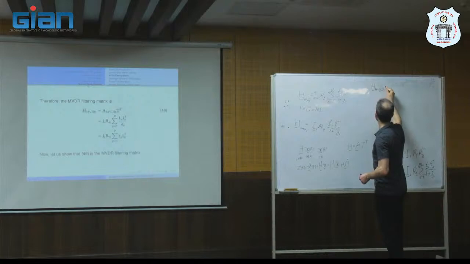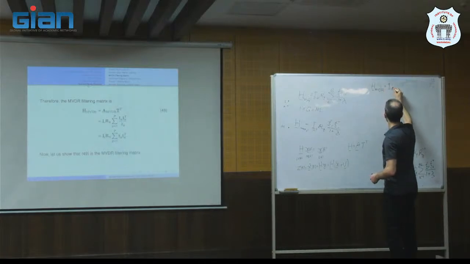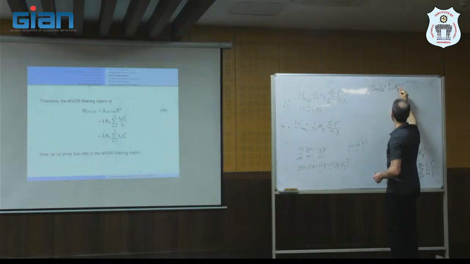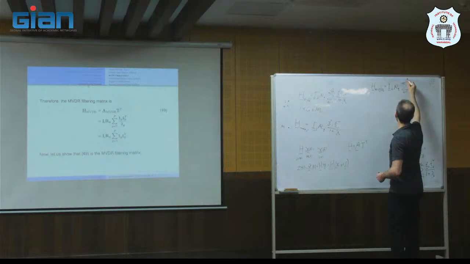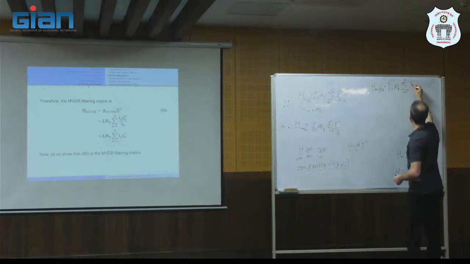H_MVDR is I_I Rx, summation i from 1 to P, T_i transpose divided by lambda.